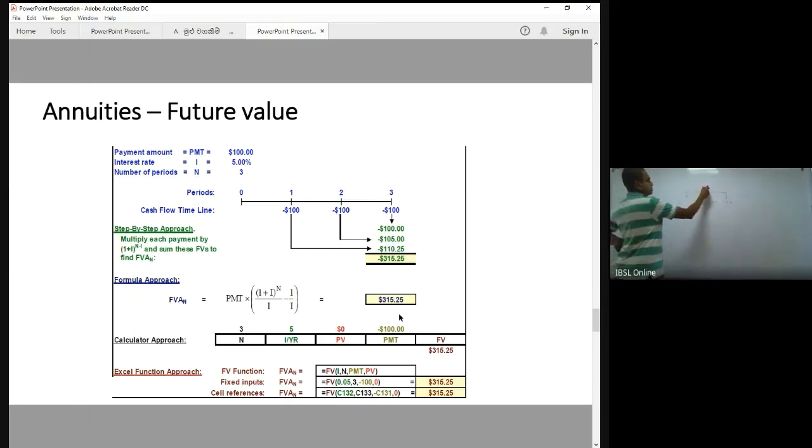Interest rate is 5%. And the number of periods is 3.